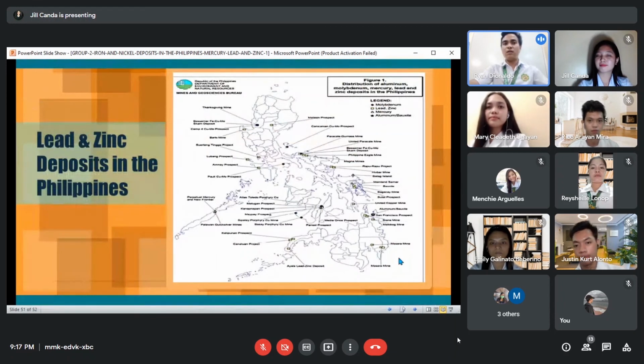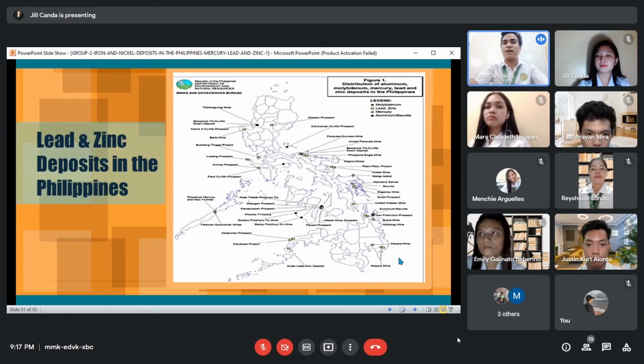As you can see on the screen, this is the distribution of aluminum, molybdenum, mercury, lead and zinc deposits in the Philippines. On the Philippine map, in the legend, the square symbol represents molybdenum, the shaded green square symbol represents lead and zinc, and the star symbol represents aluminum or bauxite.